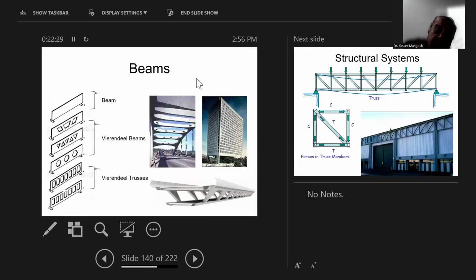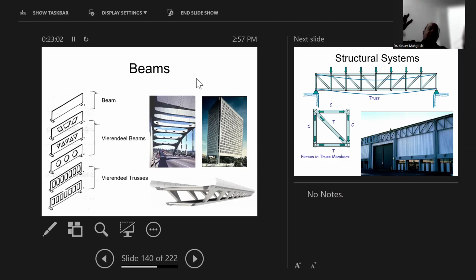One of the important elements you might need in this project or future projects is how big the beam is. Suppose I'm using a skeleton system and I want to use large spans. So the beam starts from a simple beam. This can be like 10, 12 meters, 15 meters. We usually estimate the depth of the beam as 1/10 of the span.